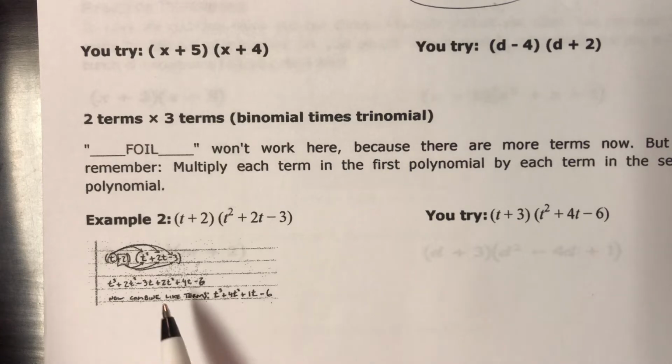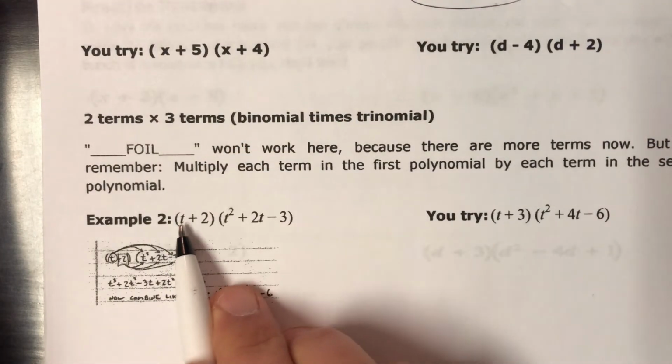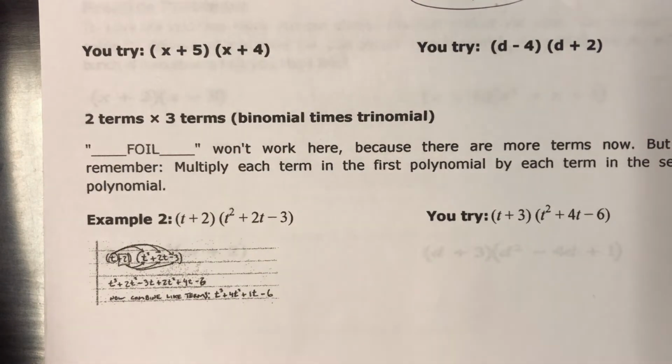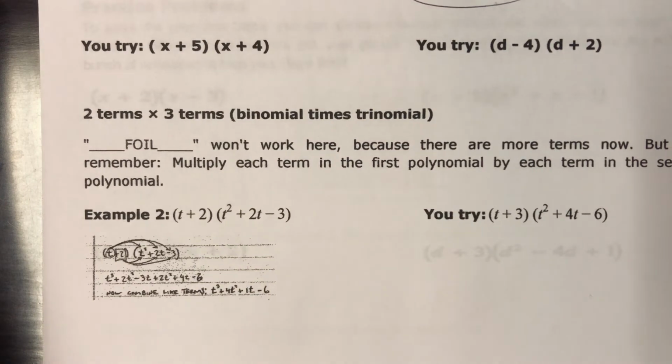I have the example written out here, but I'm going to show you really quick. Take this term first, multiply by each of these terms. Then you take this term, multiply by each of these terms. And then you combine like terms, and you have your answer.